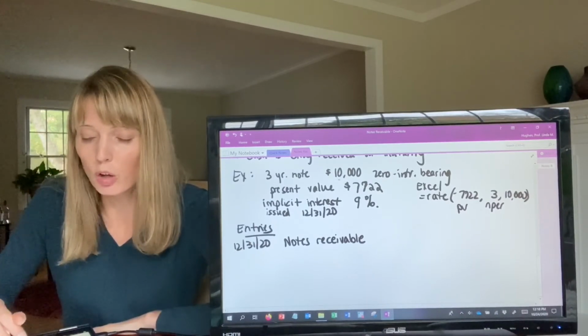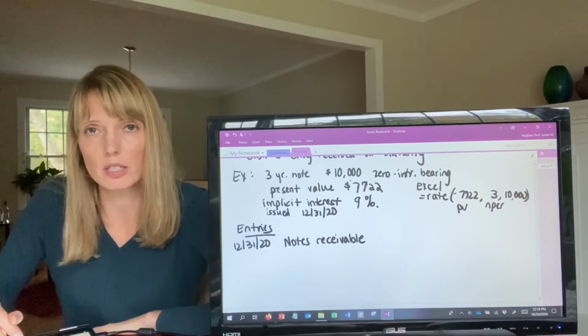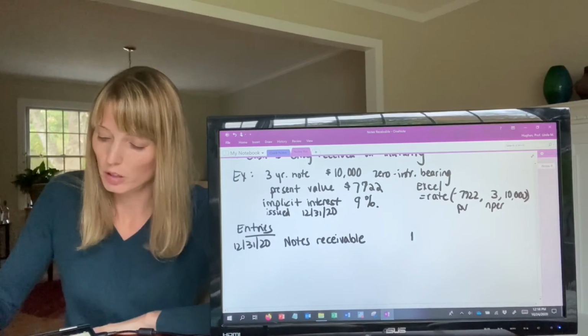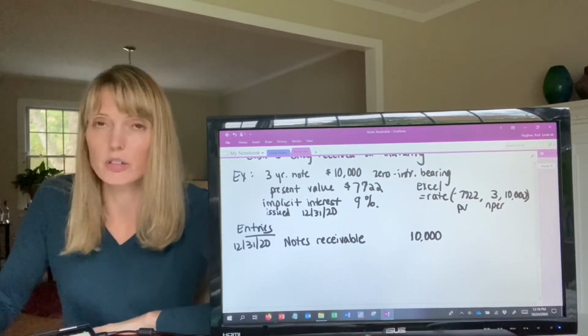And we will always record the note receivable at the amount of cash that will be received at maturity, or maturity value or face value. So notes receivable increases by $10,000. We would see this in the long-term asset section.